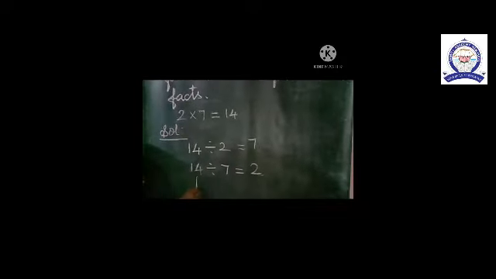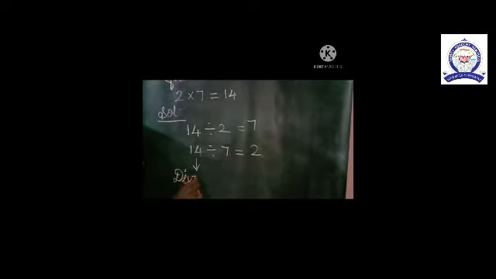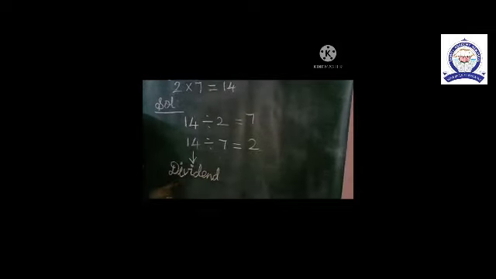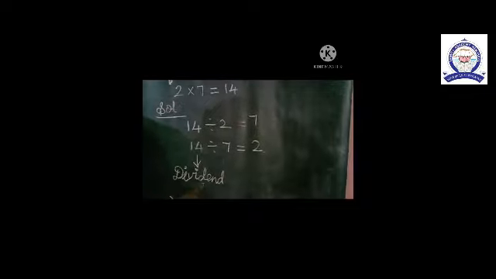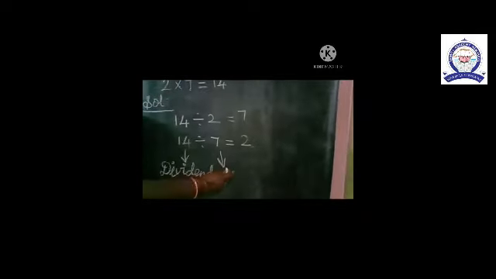Okay, children? What is this? This is dividend. D-I-V-I-D-E-N-D. I say again, children. This is dividend. D-I-V-I-D-E-N-D. Dividend. This is divisor.